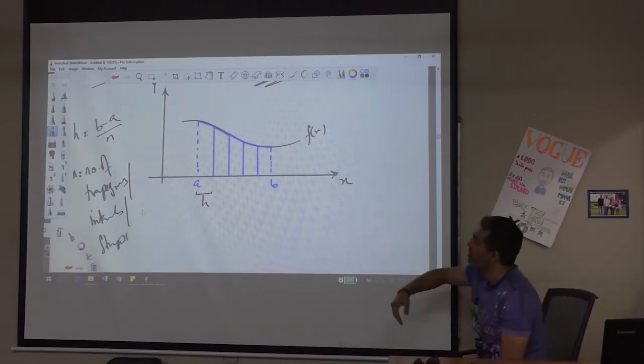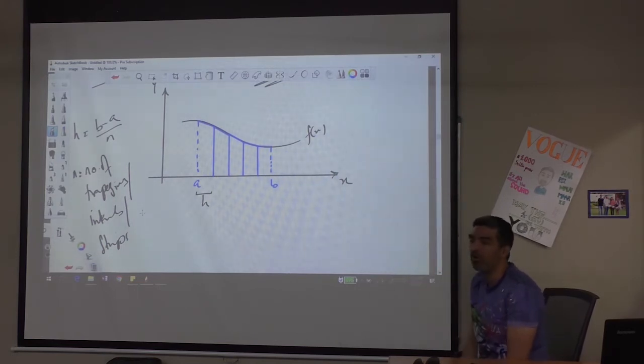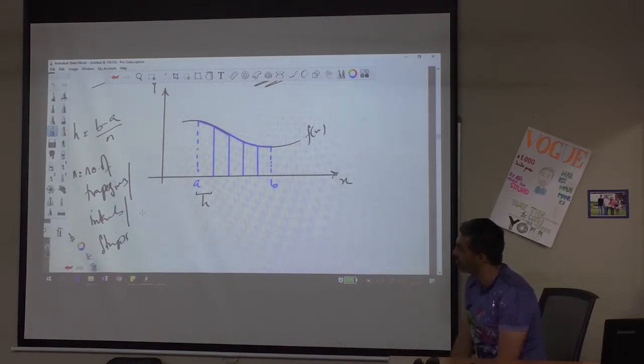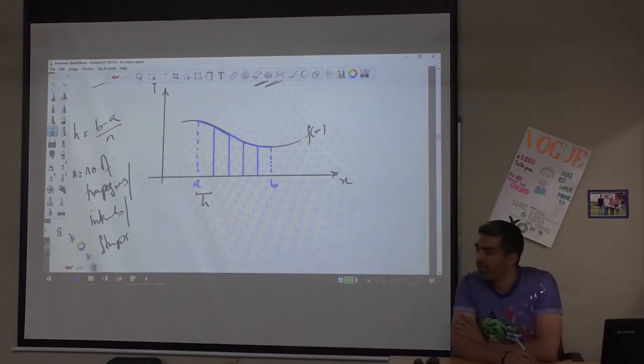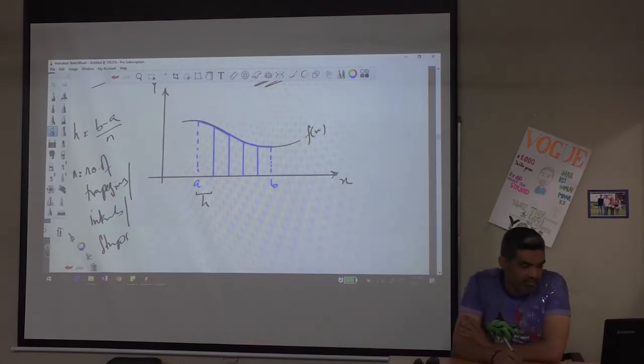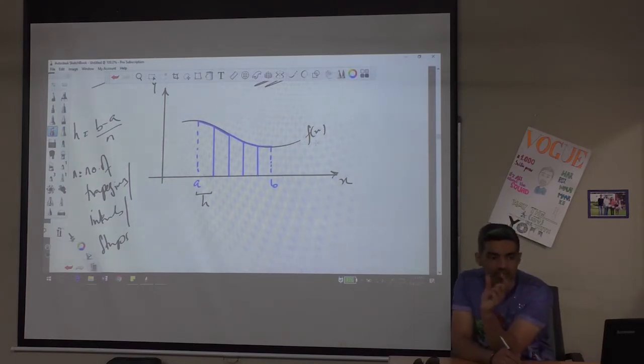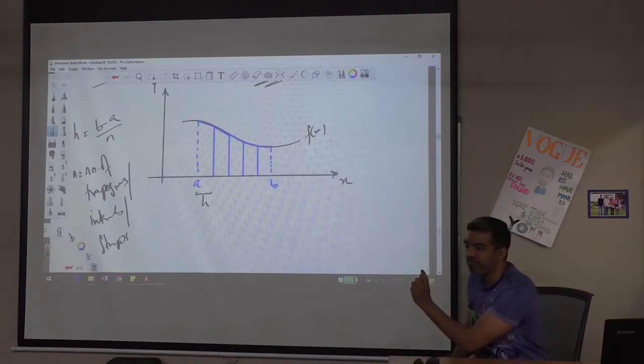The question can say using 5 strips or 5 intervals or 5 trapeziums, it all means the same thing. Okay? So we have broken it down to 5 trapeziums. So b minus a upon n: b minus a gives you the range, divide by total number of trapeziums and that will give you the h interval of each width, basically the height of each trapezium, h. You all okay with that?